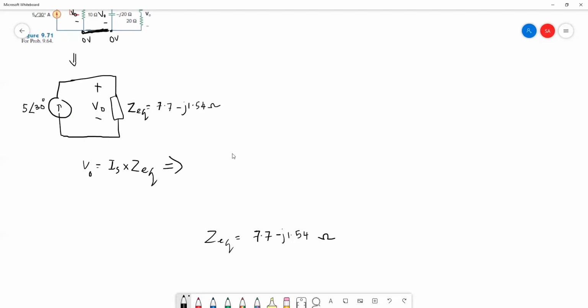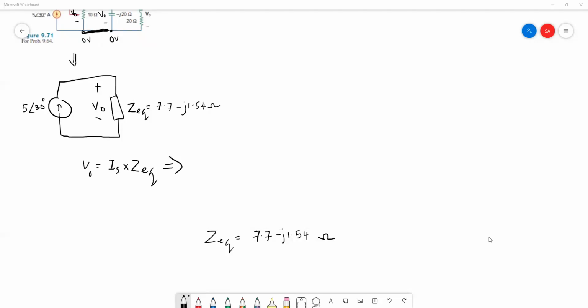By using the calculator, the I is 5 with an angle of 30 degrees, multiplied with, you need to open the bracket because it has two components, 7 minus 1.54 shift I, close the bracket.